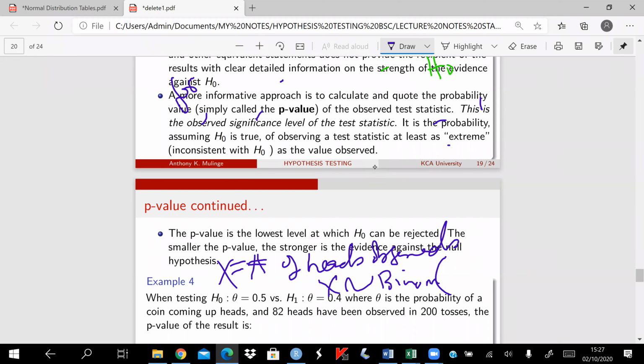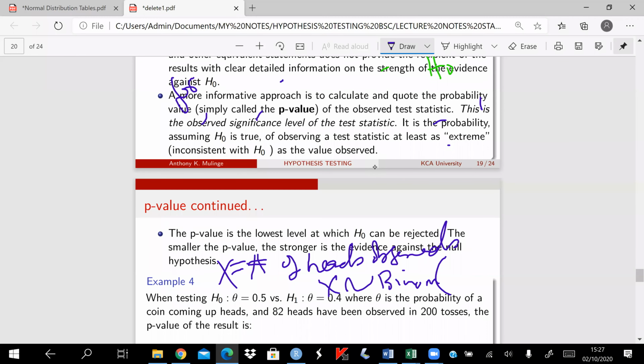That is n and p. So n is the number of trials here, which is 200. And then p is the probability of success, 0.5.